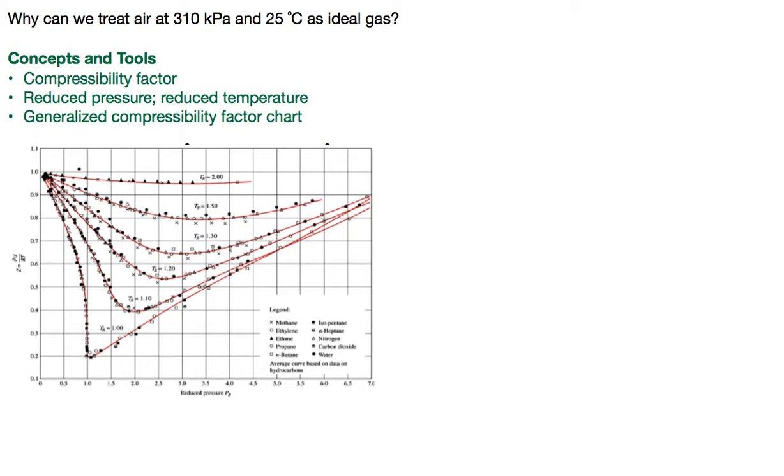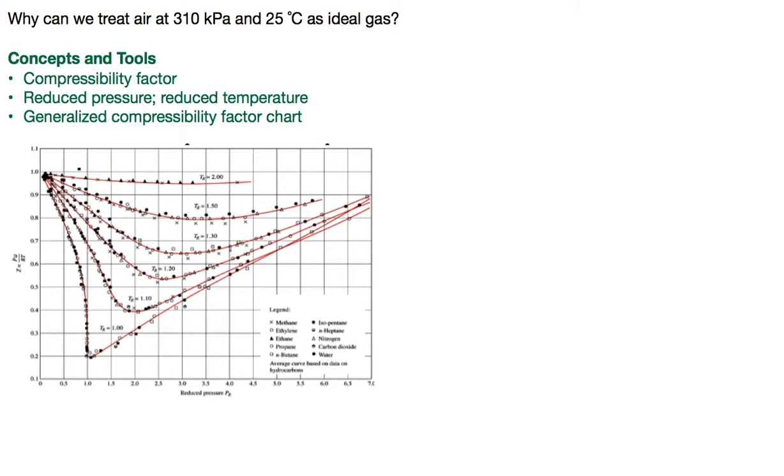air as an ideal gas. And let's use quantitative evidence to justify that we can use the ideal gas equation of state properly for air in such a condition. We are going to use the concept of a compressibility factor. We're going to find the reduced pressure and the reduced temperature of air at this condition.